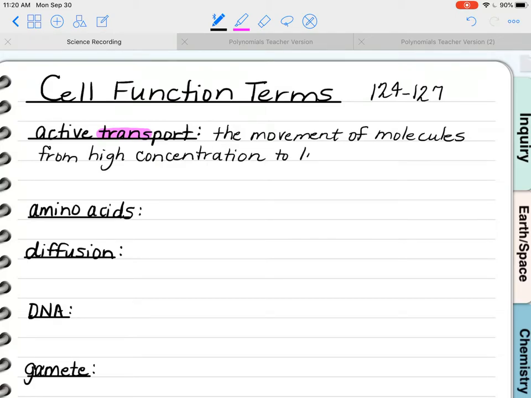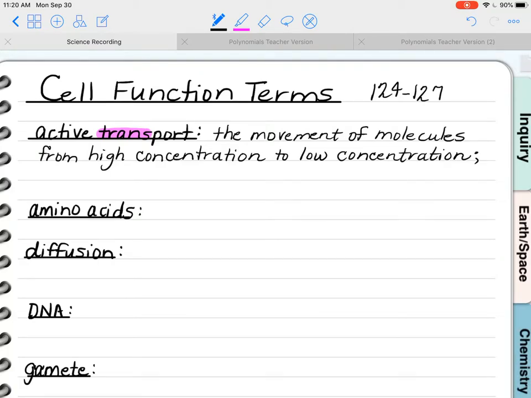So what this is saying, if you have a bunch of molecules that are all crammed in together, that's high concentration, they will naturally move to an area that has lower concentration, where there's more room to move around.